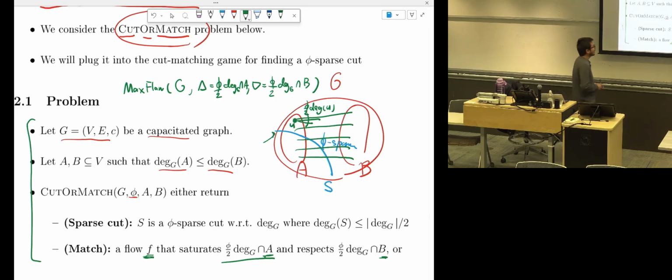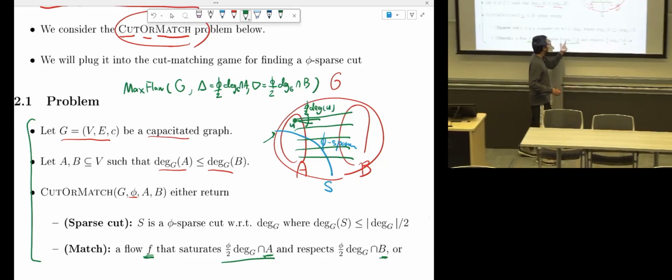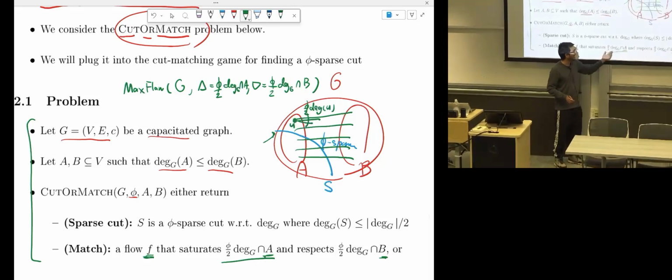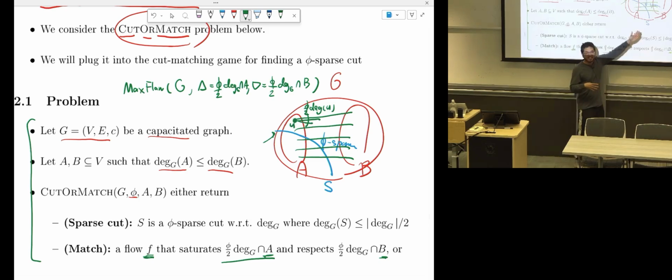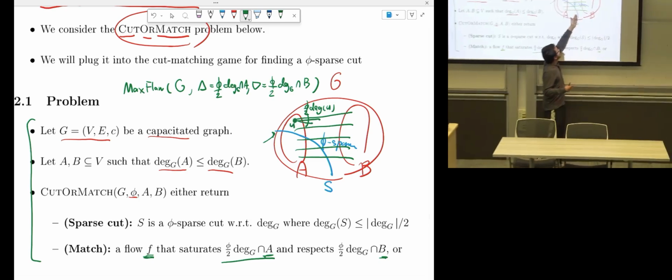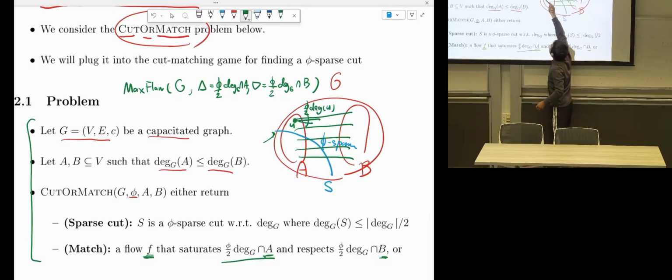The reason it should be a sparse cut is that we try to send degree, not fully, but scaled down by phi, and it got stuck by some cut. So it means that this cut should be smaller than degree of A scaled down by phi, so it should be phi-sparse.